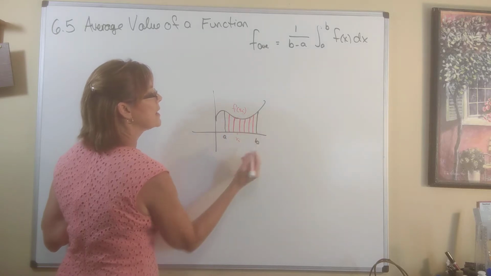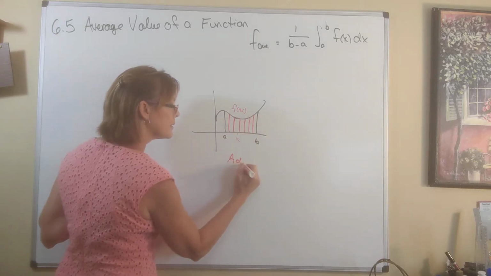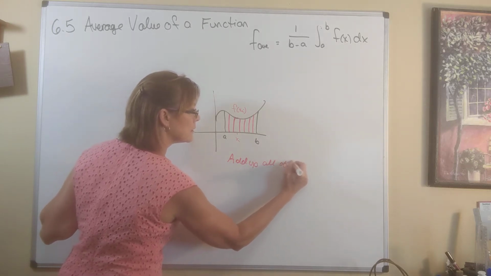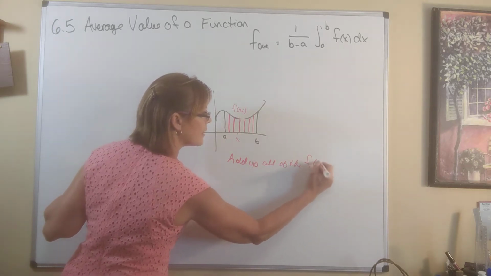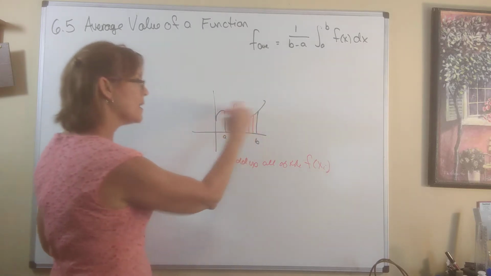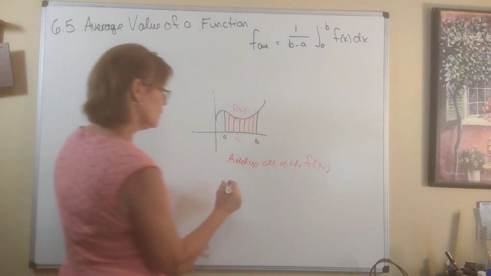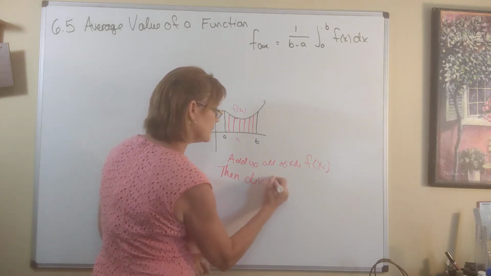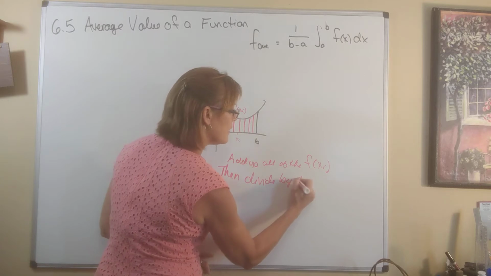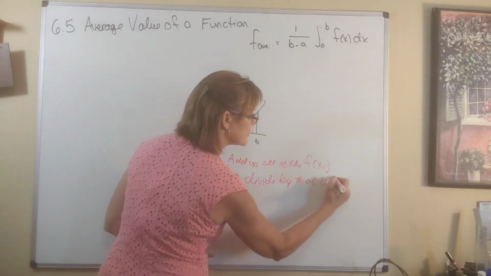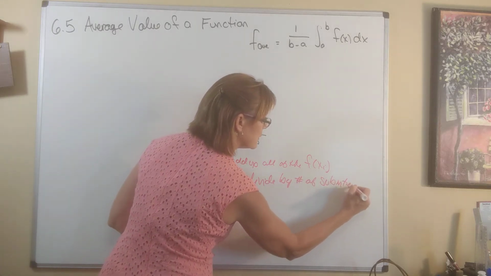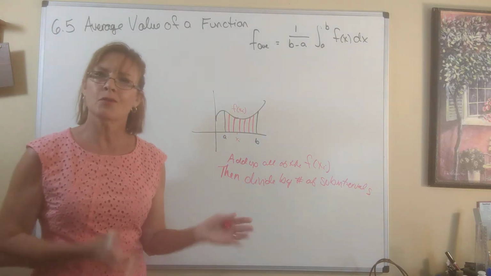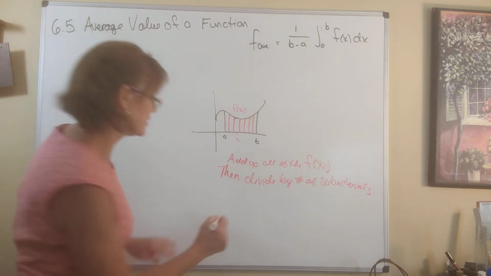And let's add up all of the f of x sub i, and then we'll divide it by the number of subintervals. And what that gives us is the average value, or sort of the average height of this function.